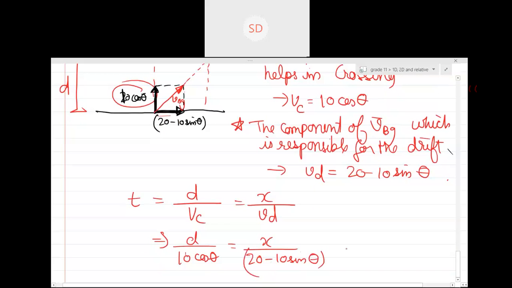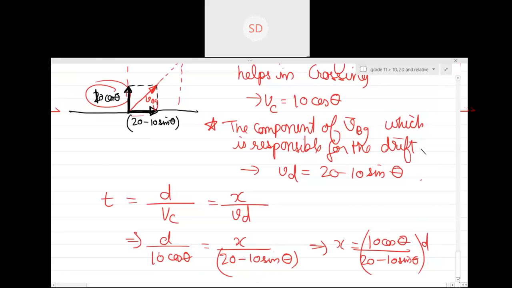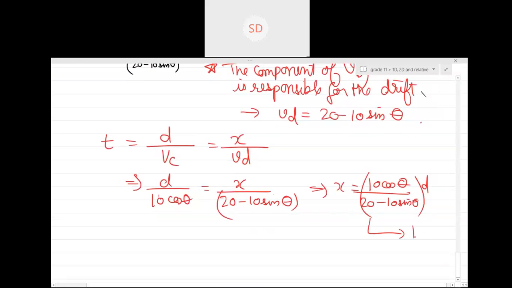So from here, can you see x is equal to 10 cos theta upon 20 minus 10 sin theta multiplied by t. Can you see this equation, guys? Yeah, sir. This is the function of x with respect to theta.